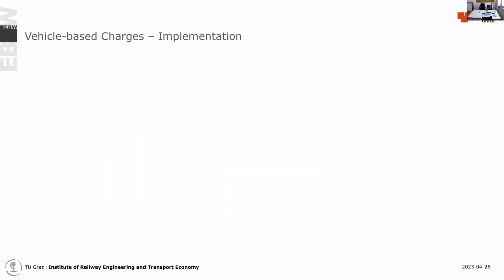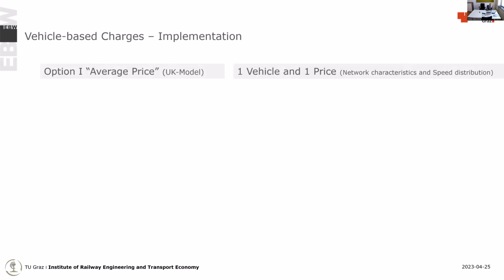So how could we implement that? Because this is meant to be a very fancy calculation, but it's not that hard to implement. We could have an option that we have an average price per vehicle. This is a bit done in the UK model.